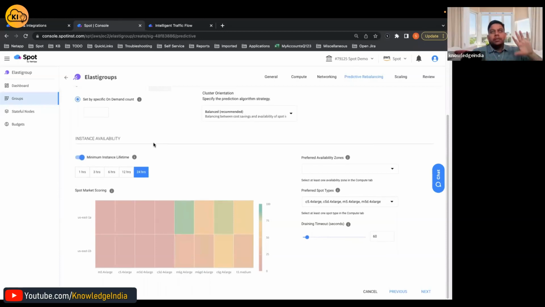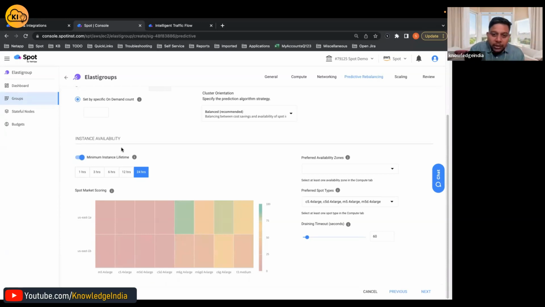So if I have to summarize, in that compute tab, you should select as many instance types as possible, so that you have more candidates and the system has an option to go ahead and launch the instances from all those candidate instance types. Correct. That is one.